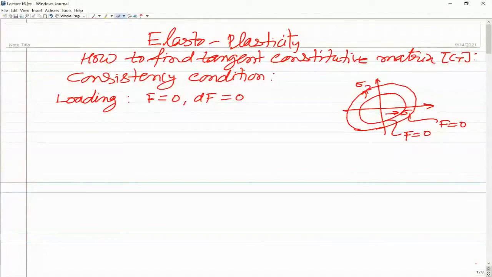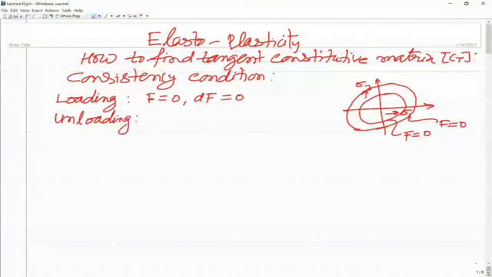So df will always be 0 for elastoplastic loading. And if you have unloading, it means the material has undergone elastoplastic loading and then you are unloading the material.